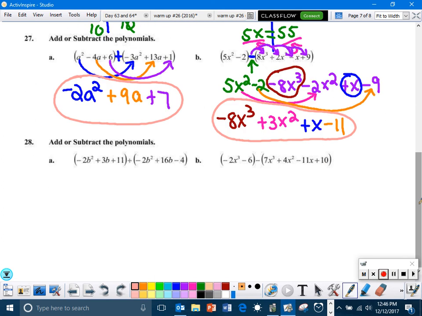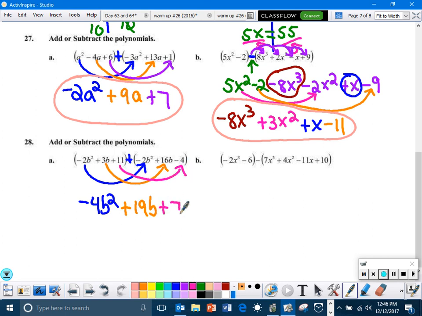All right, let's wrap this up. Again, in this problem, there's a plus sign in the middle. Nothing special to do, just combine your like terms. And that is your answer to that one.